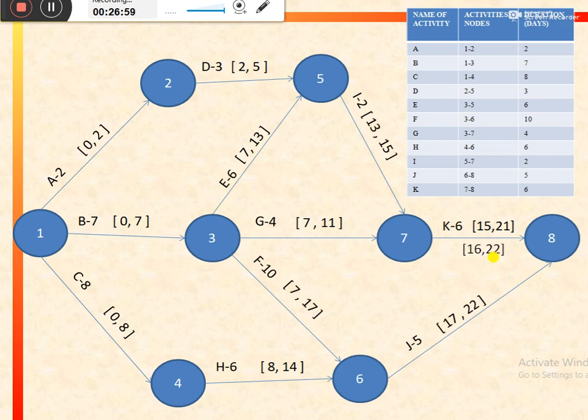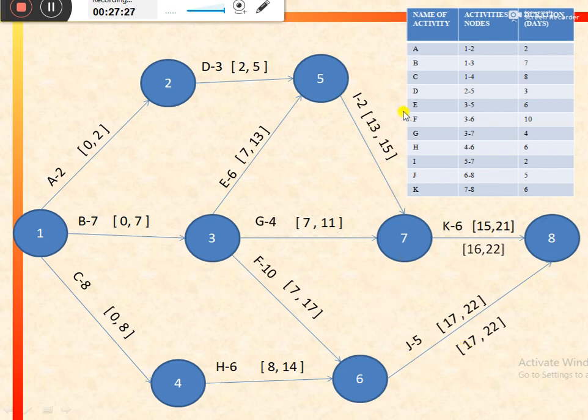So in this way we have calculated the latest start and latest finish for activity K. In a similar manner, the latest finish for activity J would be equal to 22 days, and latest start would be equal to 22 minus 5, that is the duration of the activity, that would be equal to 17. So we have calculated 17 and 22 as latest start and latest finish for activity J.